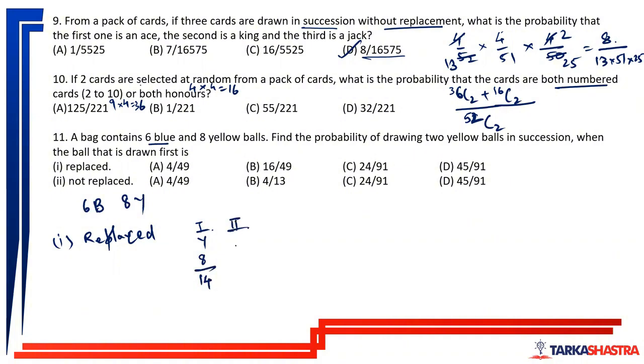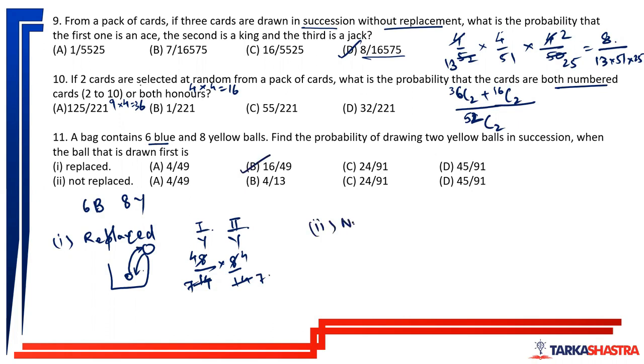And the second ball is also yellow. We have put the first one back, so again there are 8 yellow balls and 6 blue balls. The probability is again 8 by 14. So this is 4 by 7 times 4 by 7, which is 16 by 49.